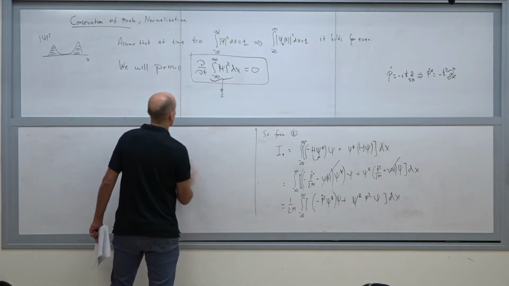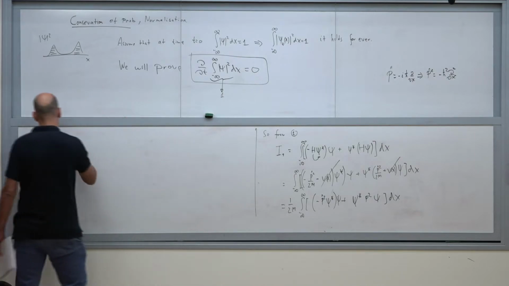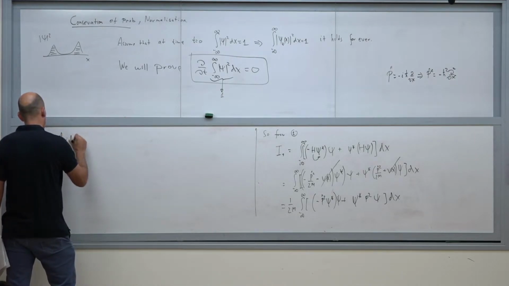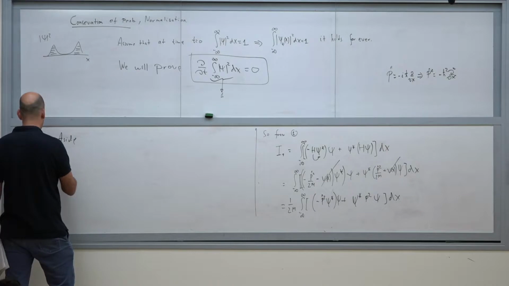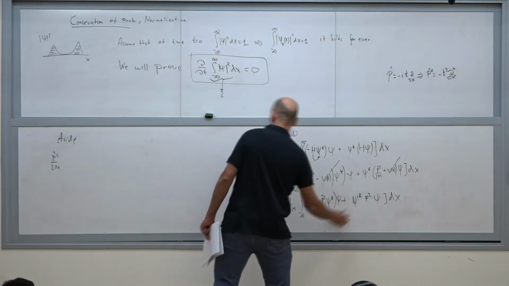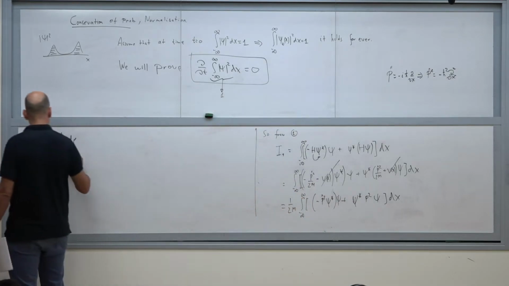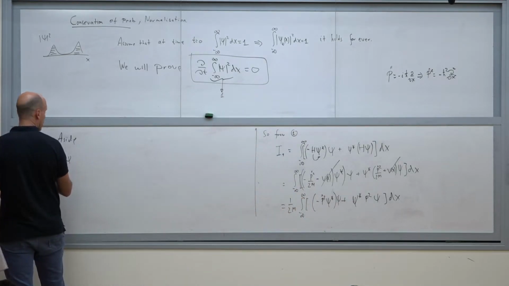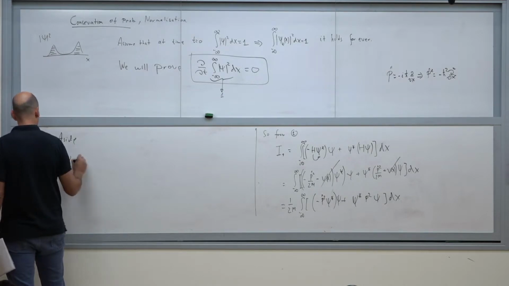So, aside, what is p squared over 2m? I'm looking at the second term, at this guy. Psi star integral dx.